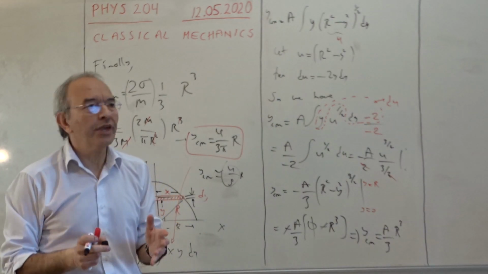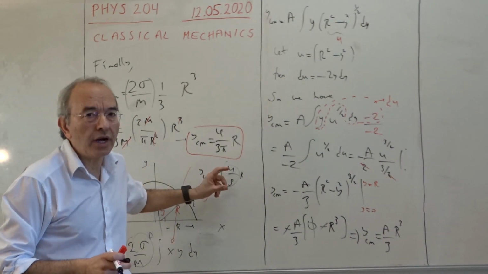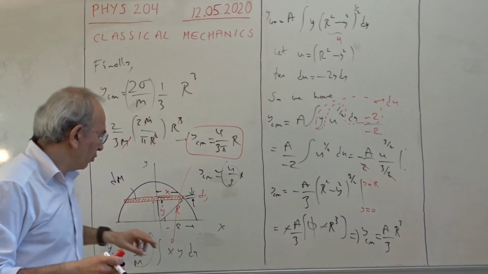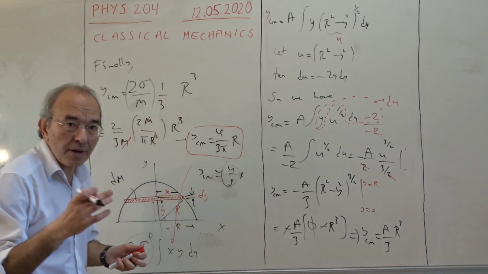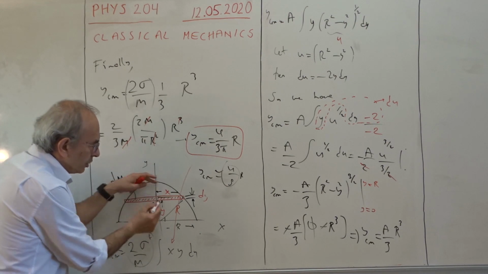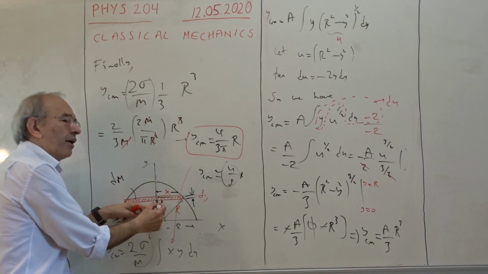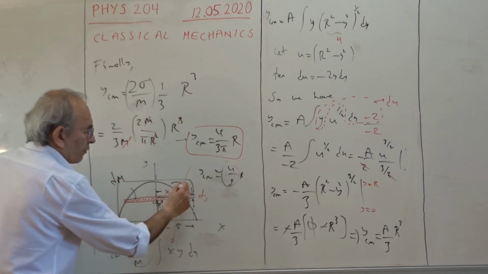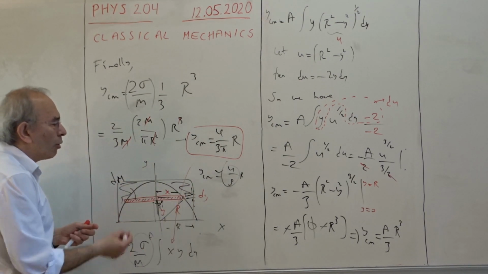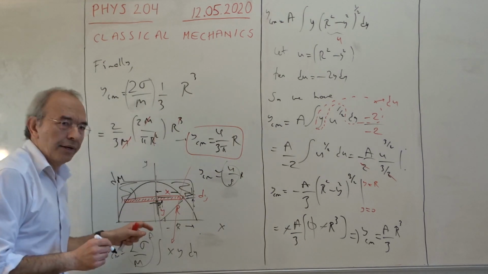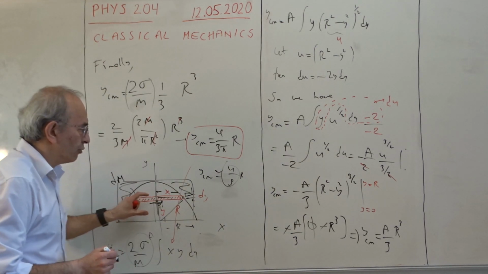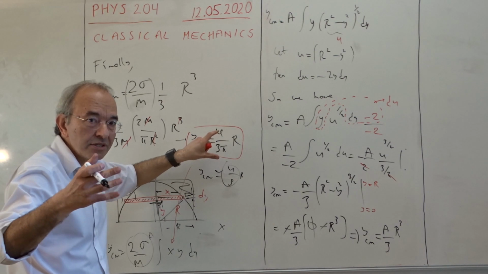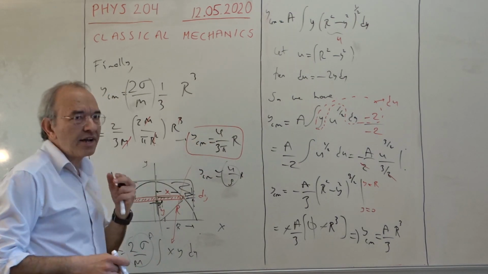Of course, it has to be something less than r. If you find anything more than half of r, it means we made a mistake. Because this object cannot have the center of mass at a position higher than half of the radius, obviously, because this part of the mass is missing. So obviously, it wouldn't be somewhere above r over 2. Of course, this quantity should necessarily be something less than 1/2.